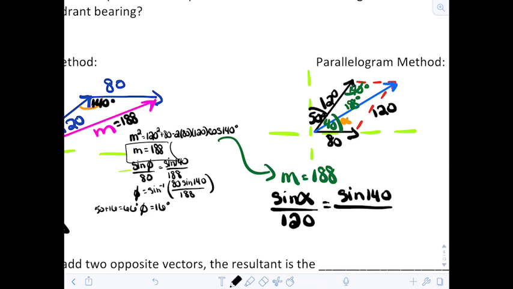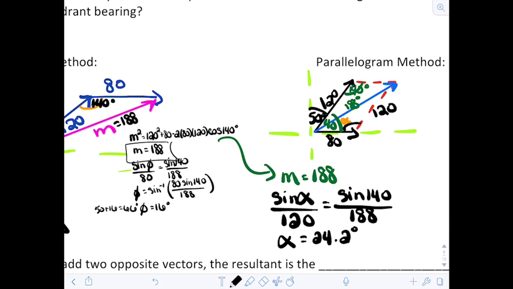Hopefully we remember that opposite angles are congruent in a parallelogram, so that's also 140. The sine of 140 over my magnitude, which is 188. So alpha is going to be the sine inverse of all those things, and that's 24.2 degrees.